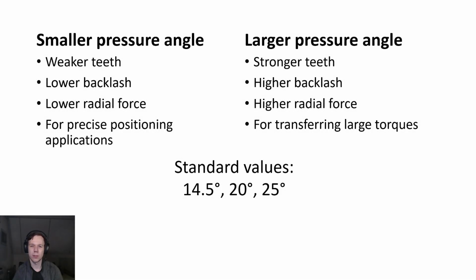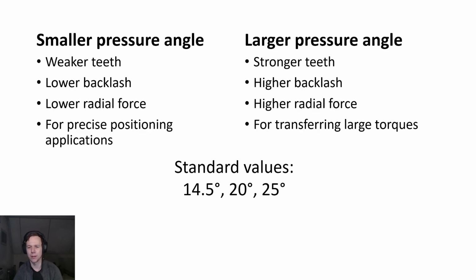Considering all the aspects that we have discussed, I would say that a smaller pressure angle gear is especially suitable for precise positioning applications. So if you need to put a part in a specific position as precisely and as repeatably as possible, you would go for a low pressure angle gear.